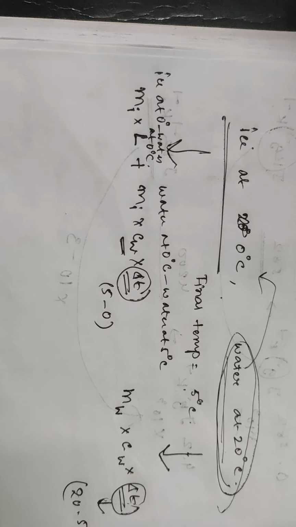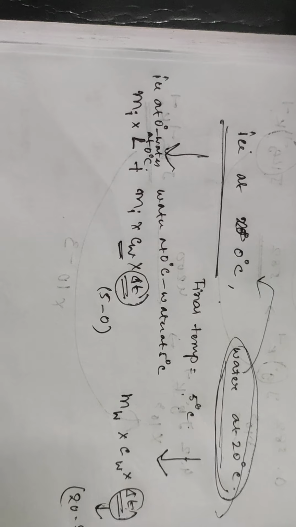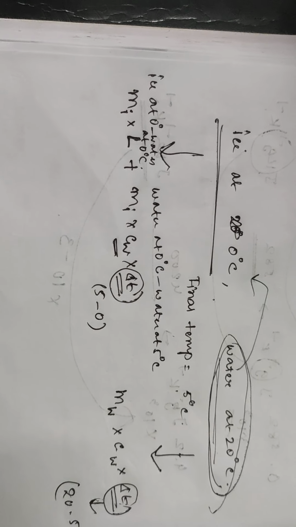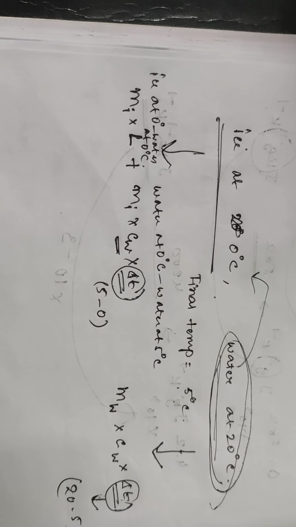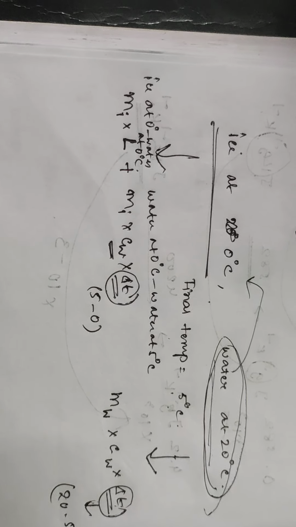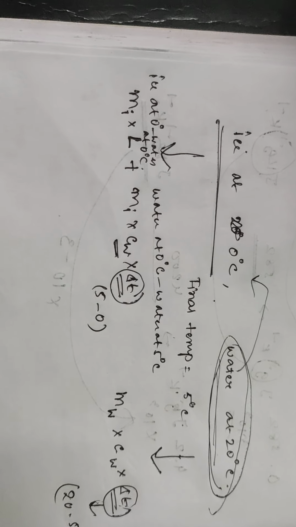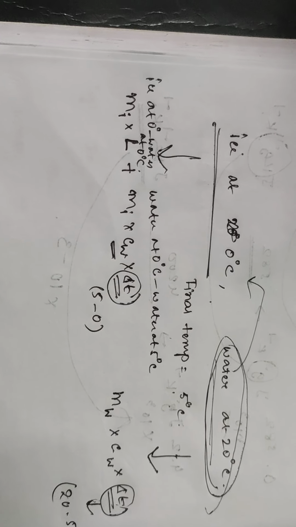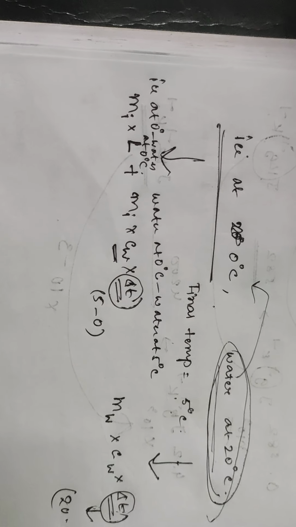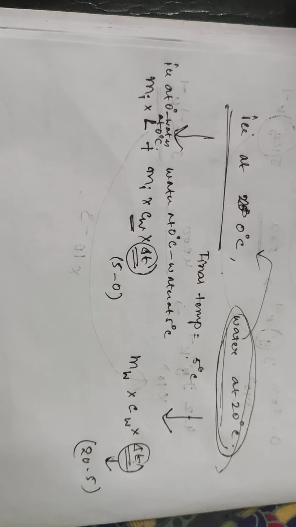The standard form won't change. In some problems, few pieces of information are provided, few are not given. In one question you may have to find specific latent heat, in another you may have to find the temperature. That depends. Basically the standard form is this and you have to follow this.